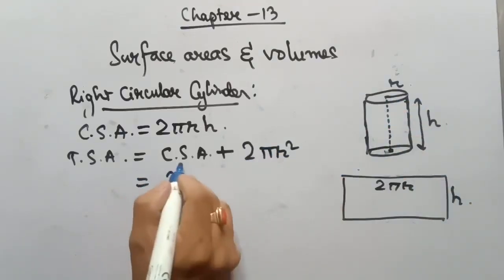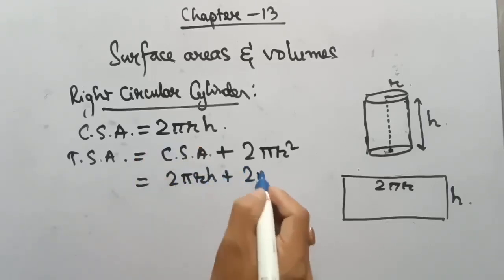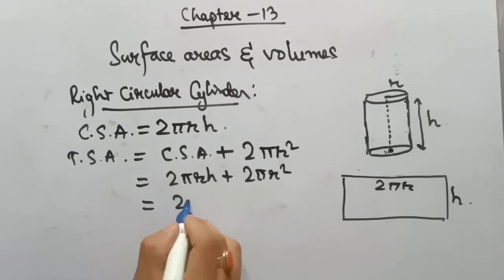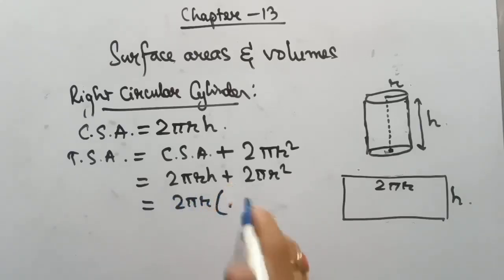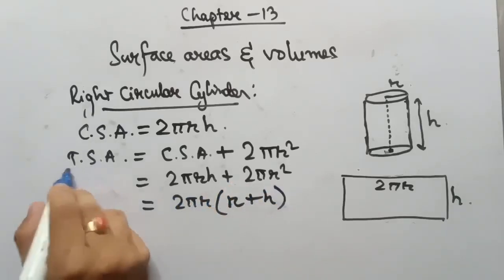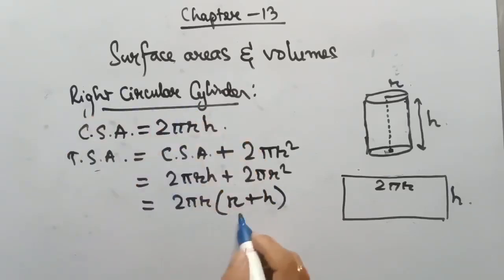This will be equal to the curved surface area 2 pi r h plus 2 pi r square, equal to 2 pi r into h plus r, which can be written as r plus h. So the total surface area of a right circular cylinder is 2 pi r within bracket r plus h.